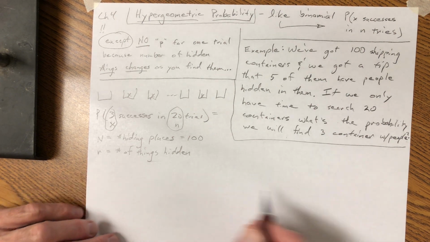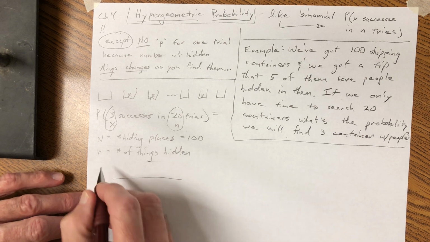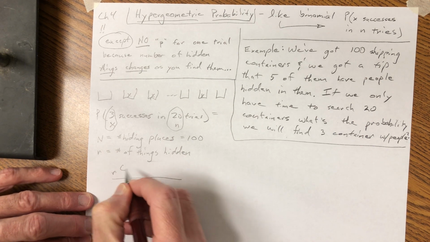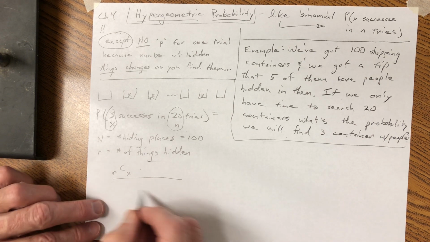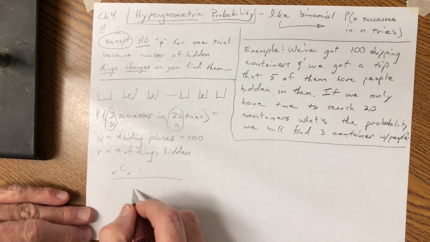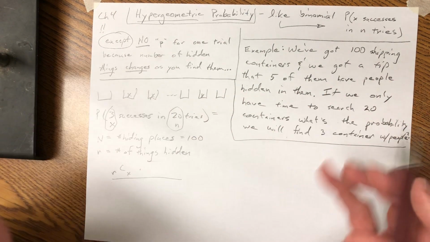The way you find this is the hypergeometric formula. It's on your formula sheet, and it is R choose X times, well, let's do the bottom first. On the bottom, we put how many different ways we can open the 20, where there are 100 things to search and we're going to search 20 of them.